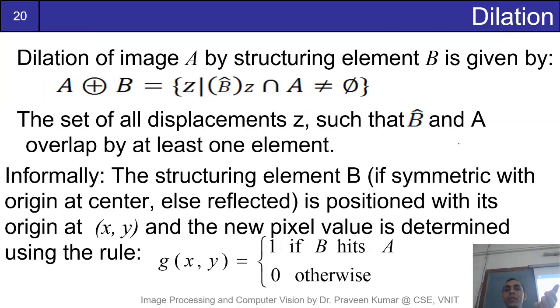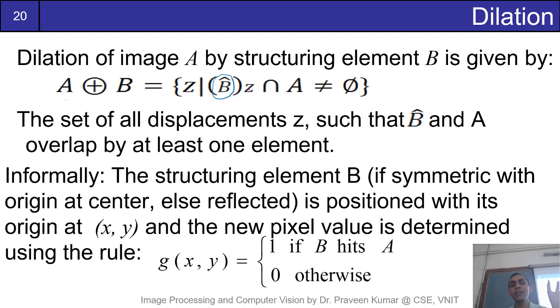A complementary operation to erosion is called dilation. As the name suggests, instead of eroding away, we will try to add pixels to the original image. The way the dilation operation is defined in literature is like this: A is the original image I and B is the structuring element. You first of all reflect the structuring element B around its origin. Why this is done, I will not give you full detail, but just an intuition for that.